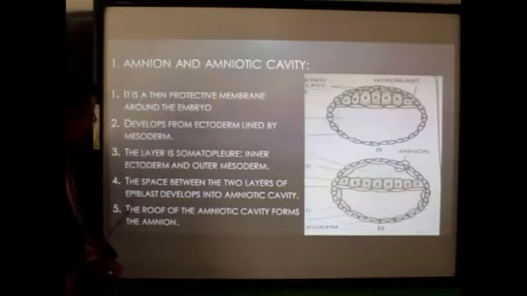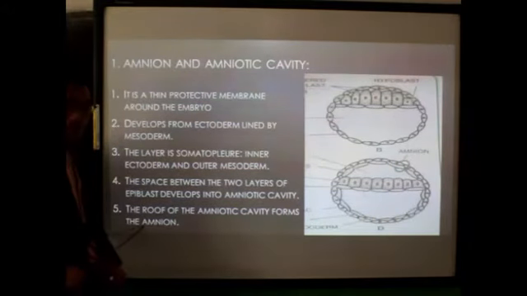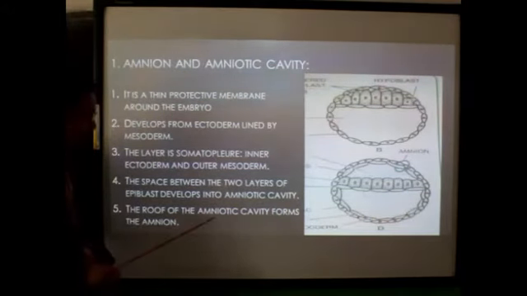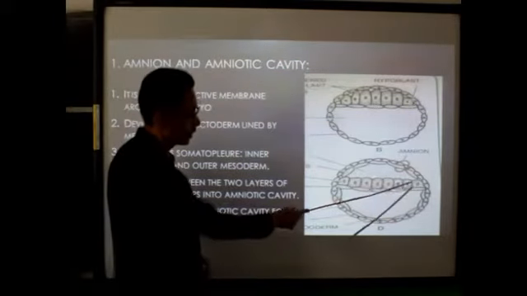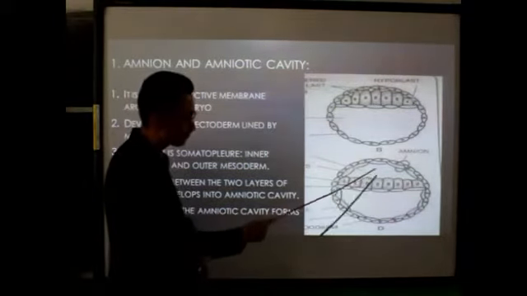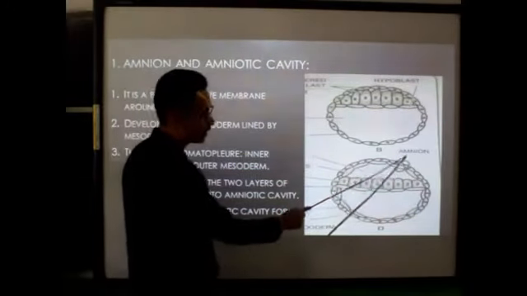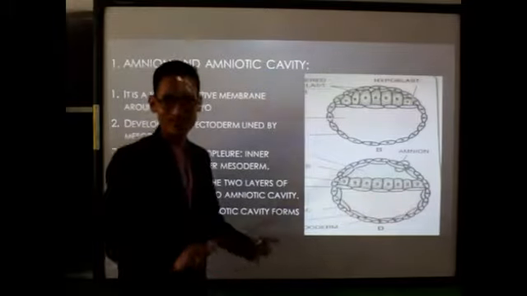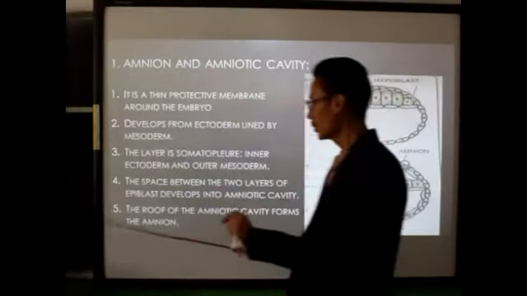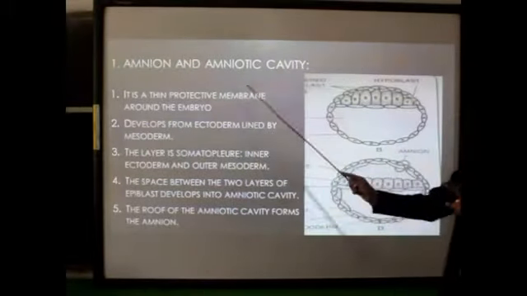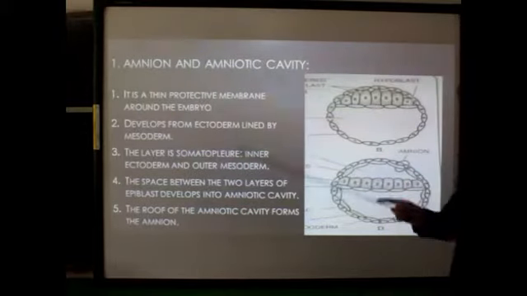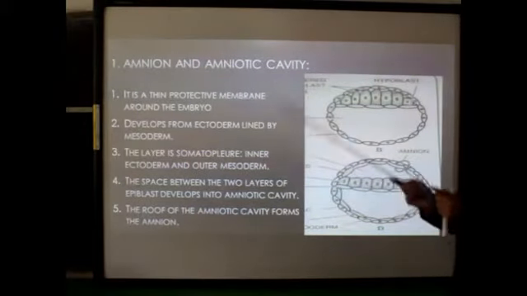Next one. The roof of the amniotic cavity forms the amnion. One more time. The roof of the amniotic cavity forms the amnion. So over here, this is the amniotic cavity, and this particular roof of the amniotic cavity is called the amnion. Clear? It's clear for you? So the amnion is a thin membrane that surrounds the embryo, that covers the embryo.